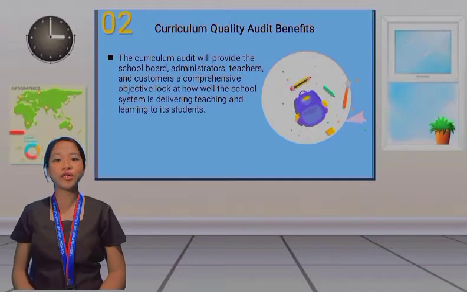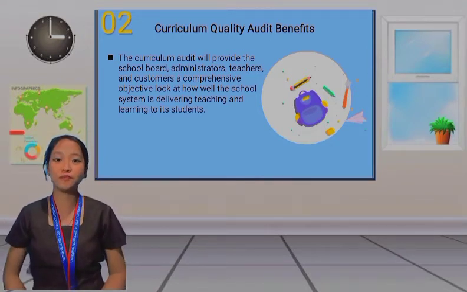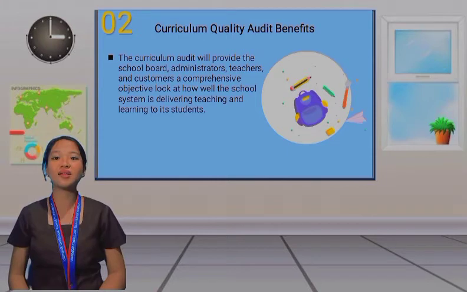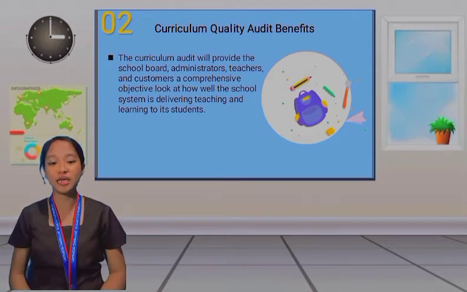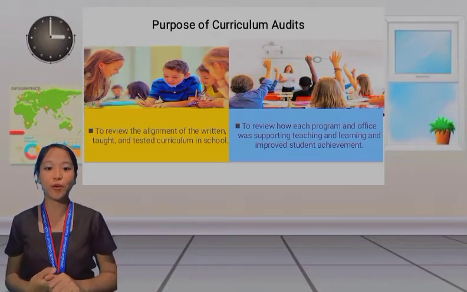Moving on to the curriculum quality audit benefits, the curriculum audit will provide the school board, administrators, teachers, and customers a comprehensive, objective look at how well the school system is delivering teaching and learning to its students. We have here also the purpose of curriculum audits.